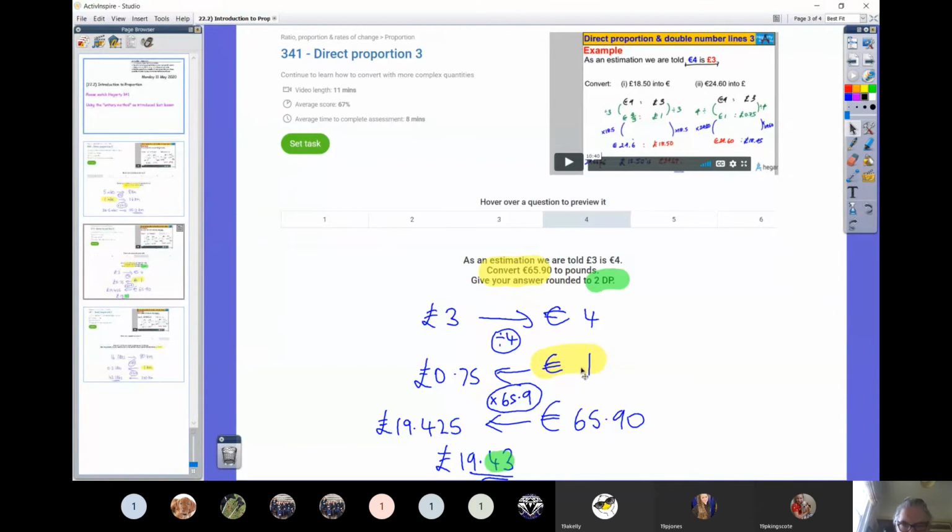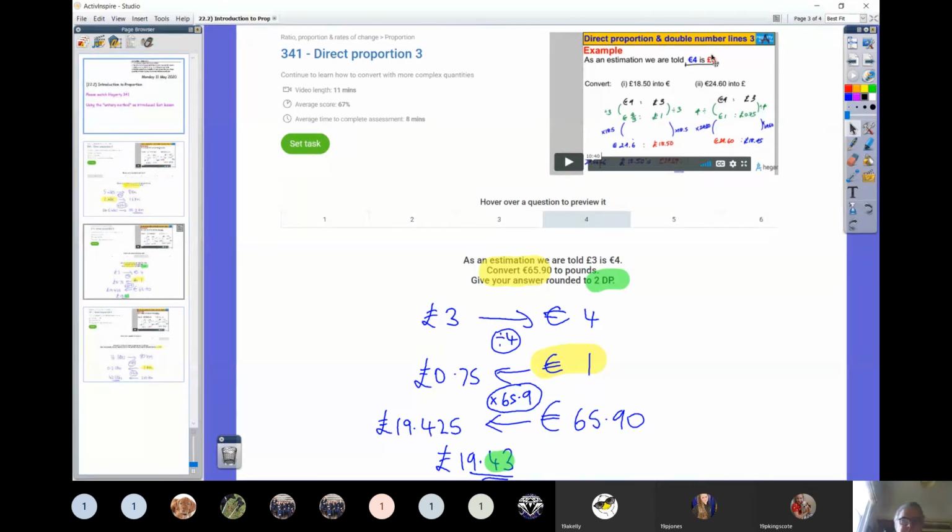Now, once I've got back to 1 euro, then I can easily go to 65.9 euros by multiplying by 65.9. So 0.75 multiplied by 65.9 gave me £19.425. I've been asked to give my answer correct to 2 decimal places, so that's £19.43. Remember, when you're rounding up, you look at the next digit, 5 or above, so that rounds the 2 up to a 3.